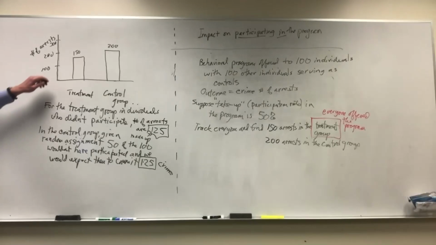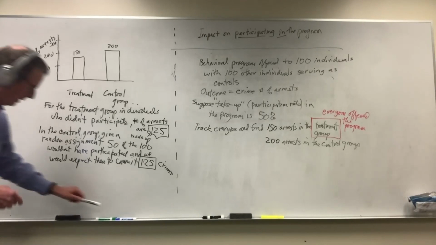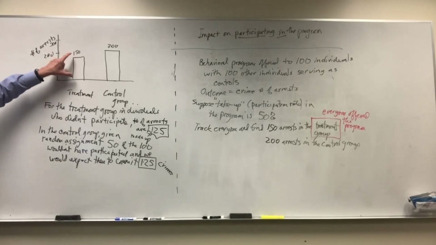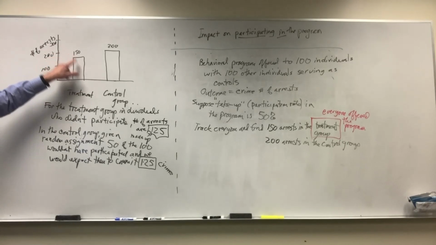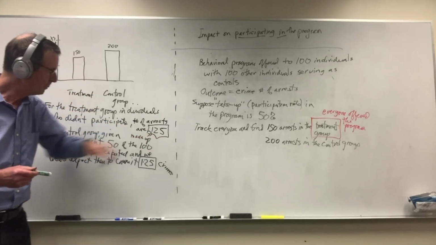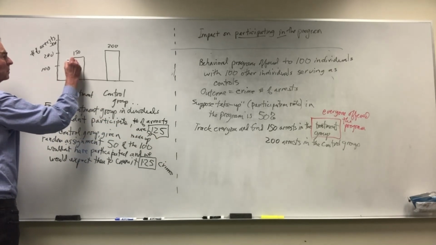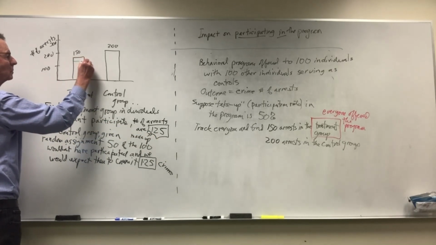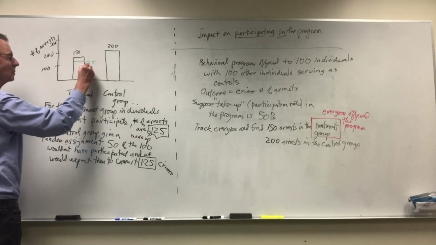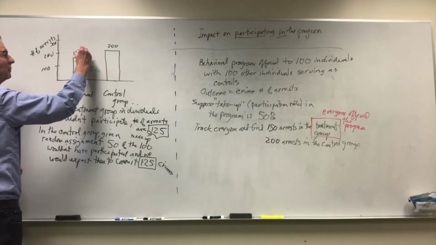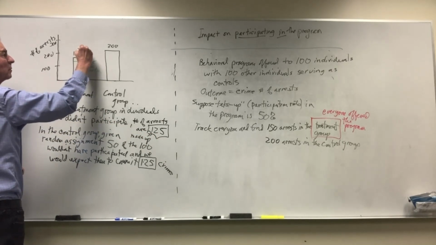Well, let me just keep going. So of the treatment group, we have 150 total crimes, and 125 we observed to be by non-participants, and 25 by participants.